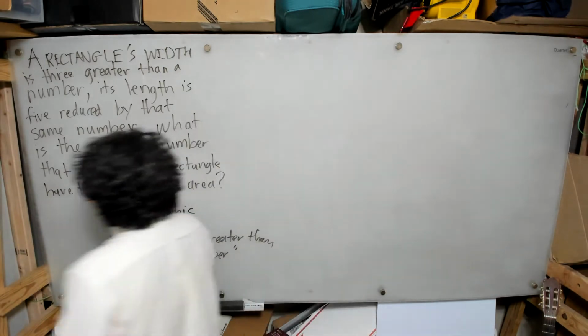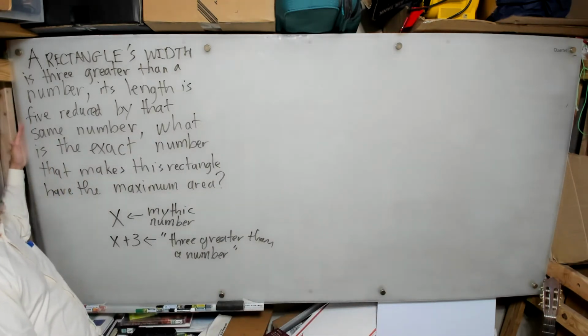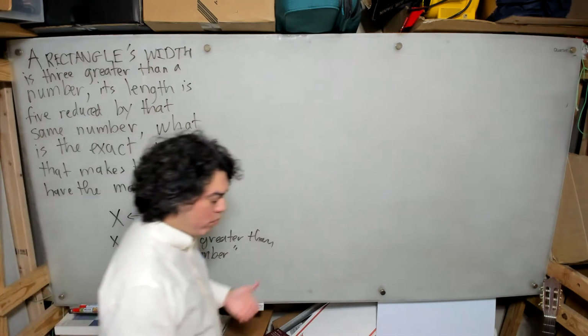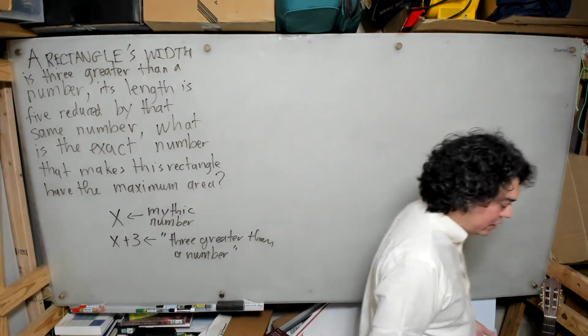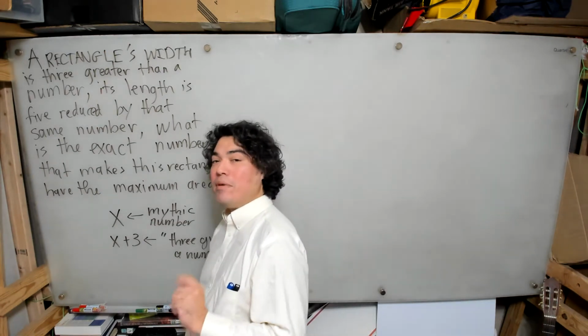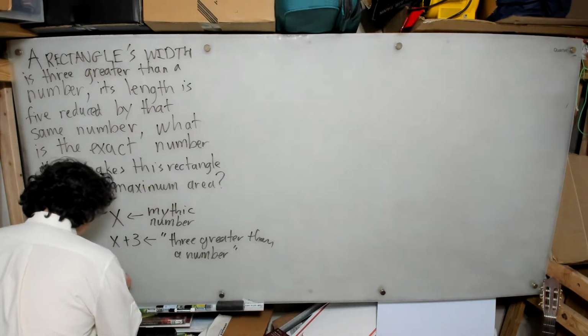Now the question becomes, its length is 5 reduced by that same number. 5 reduced by that same number, okay? Aha. It must be 5 minus x. So let's write that here.